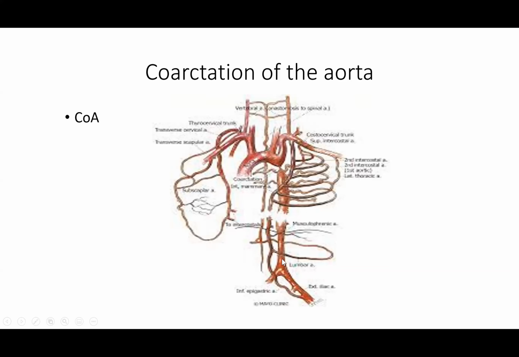And that can fool you. You check pressure in the right arm, you check it in the right leg, there's no pressure difference. You may say that the patient does not have significant coarctation, maybe because we have all these collaterals forming around the coarctation to feed the lower half of the body. And one of the best ways to pick this up is an MRI or a CT scan.